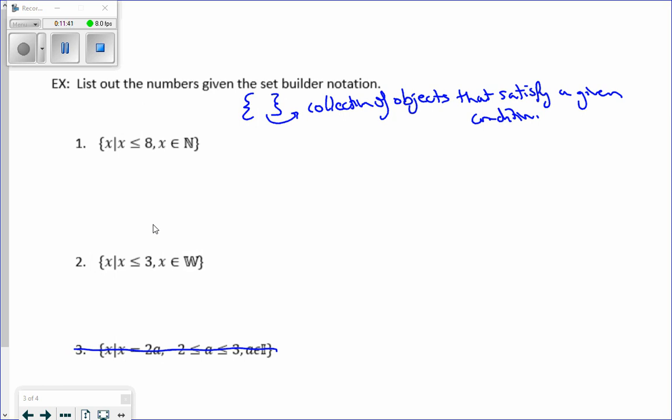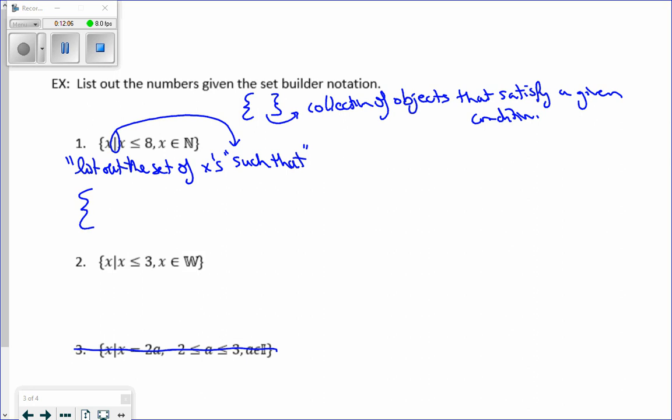So the way we read this, we would list out the set of x's. This little straight line here stands for such that. So list out all the set of x's such that x is less than or equal to 8 and x is natural.